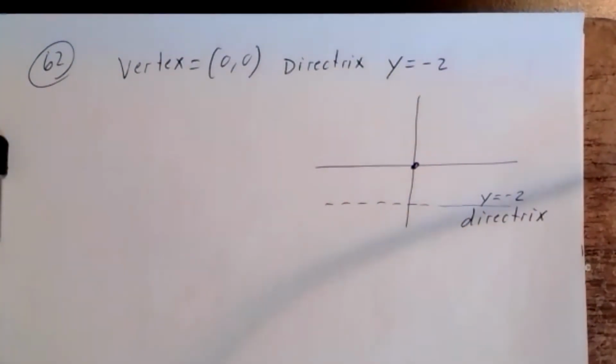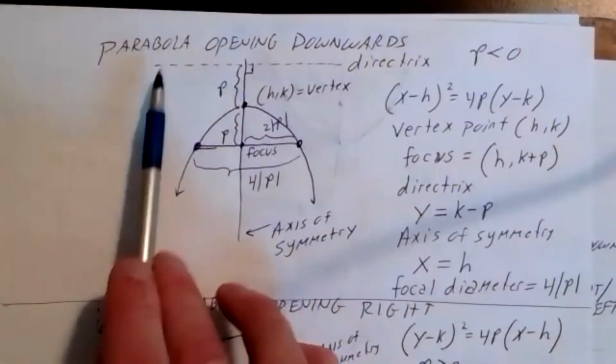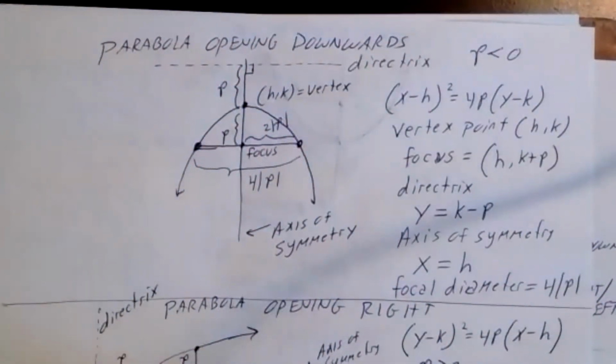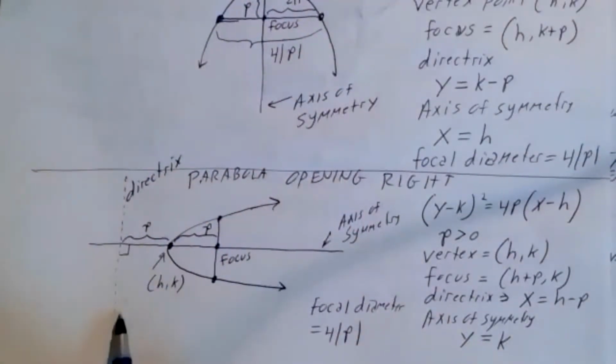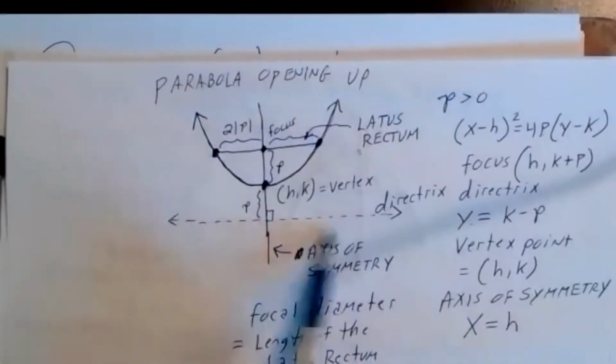Ever? The directrix is up here. No, never. The directrix is always outside the parabola, and the parabola always opens away from the directrix. Notice that. Always opens away from the directrix.